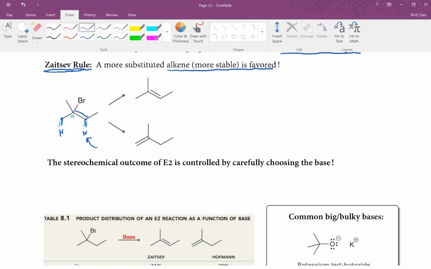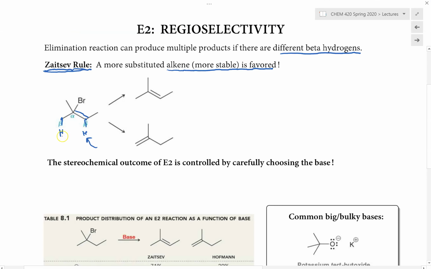Or the base can also come in and pick up this beta hydrogen over here, producing the double bond between this alpha and this beta carbon. So these are the two products that would be possible. The product above is a more substituted alkene. And we have learned already that the more substituted the alkene, the more stable it is. And this product would then be called the Zaitsev product.